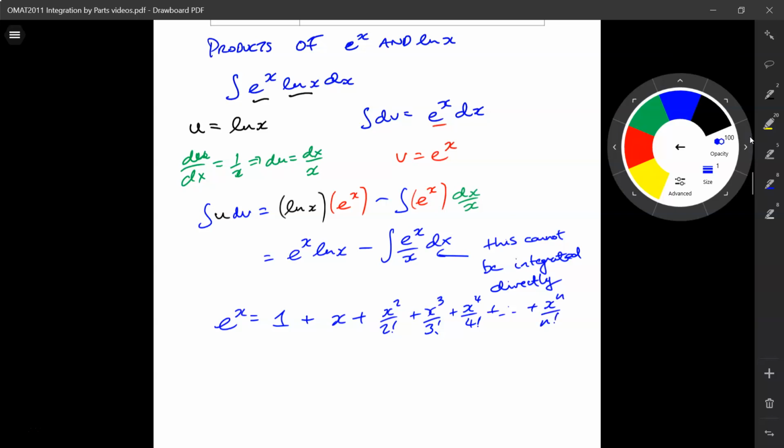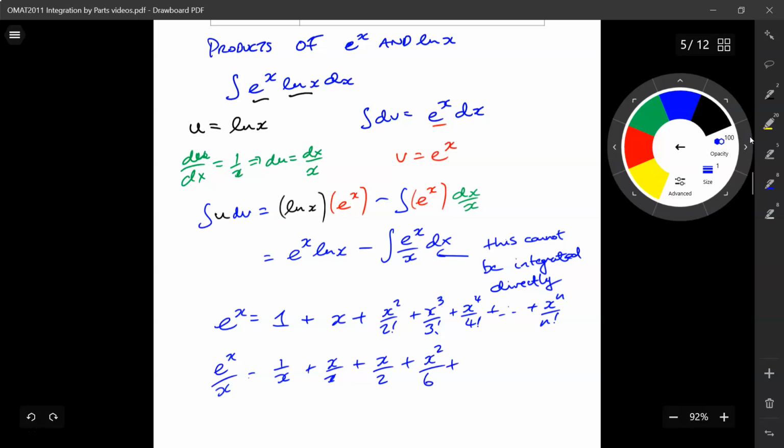Now, if you go and divide every term of that by x, you get 1 over x plus x divided by x plus x here, x squared becomes x, and 2 factorial is 2. x cubed divided by x gives me x squared, and 3 factorial is 3 times 2. x to the power 4 divided by x is x cubed, and 4 factorial is 24, and so on like so.